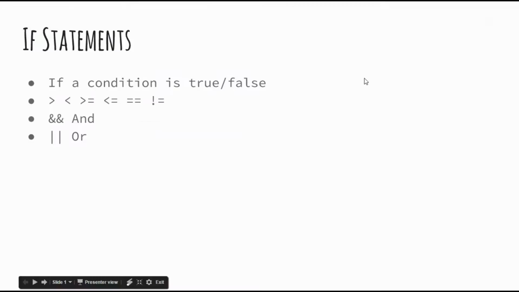But let's pause here for a moment and talk about if statements, as they are one of the main principles in Java and are pretty much needed for everything you want to build, which is more than a hello world. With the help of the if statement, we could check if a certain condition is true or false, or if a value is larger, smaller, larger and equal, smaller and equal, equals and not equal to another value.